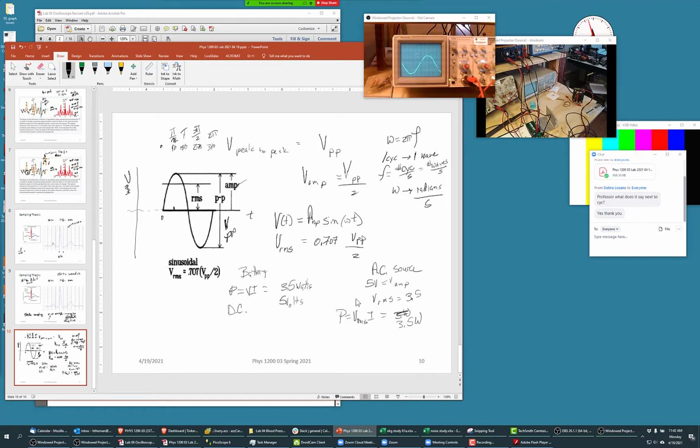But it's important to know what your instruments are measuring. So I'll give you the advanced organizer. Oscilloscopes do V peak to peak best.